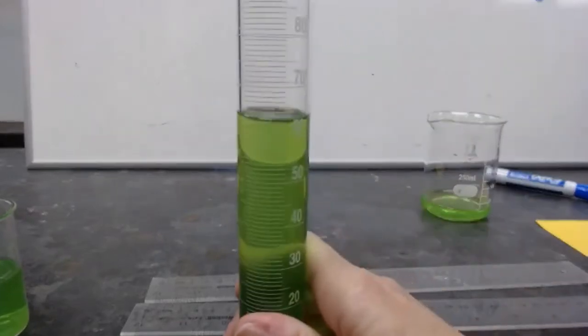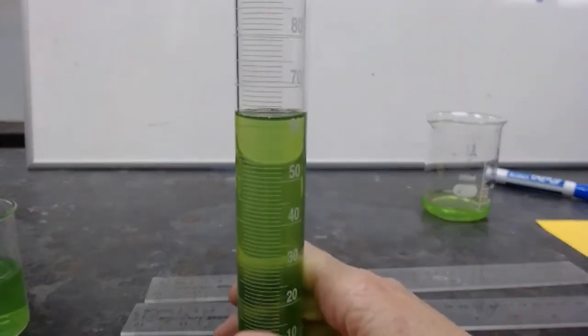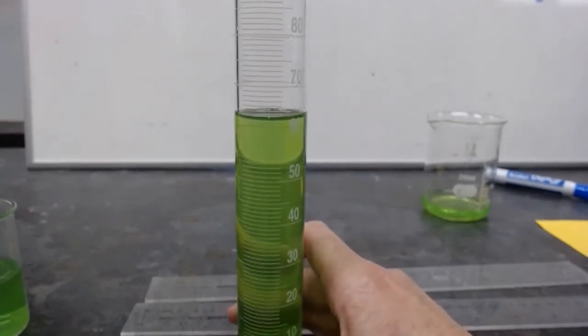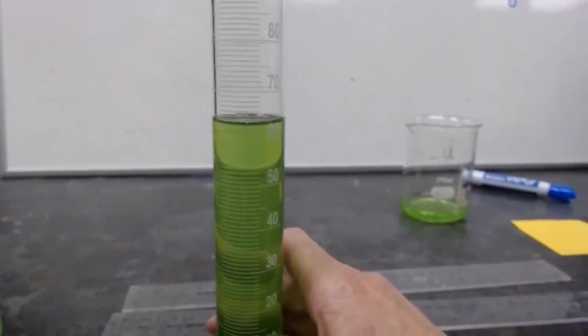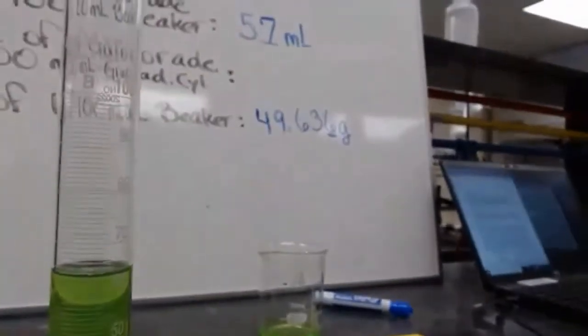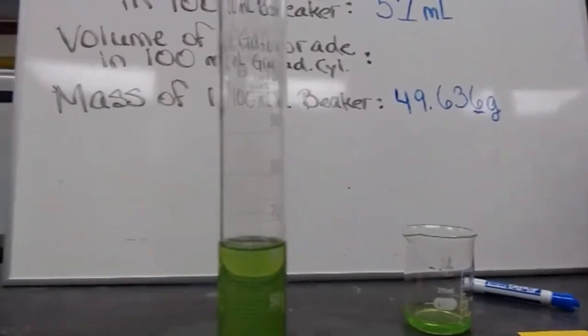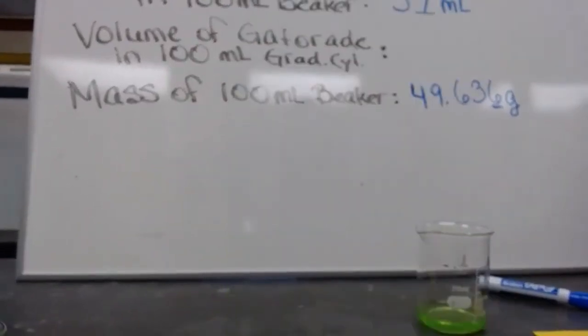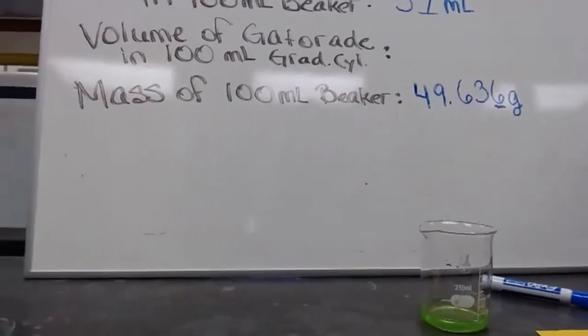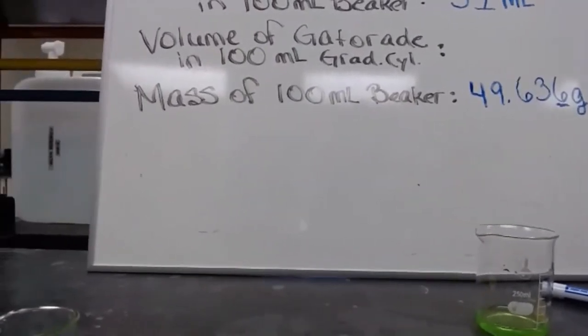It's between the 3 milliliter and 4 milliliter mark. So therefore it is 63, and that part is known. So I'm going to place that information where it says volume of Gatorade in the 100 milliliter graduated cylinder.